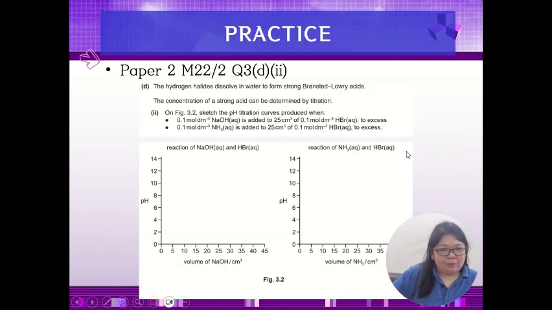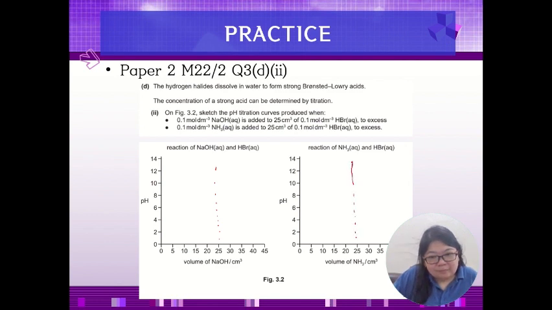So the graph should look like this, both 35, up, 35. Now this is strong base, weak base. This is strong acid. This is strong acid.